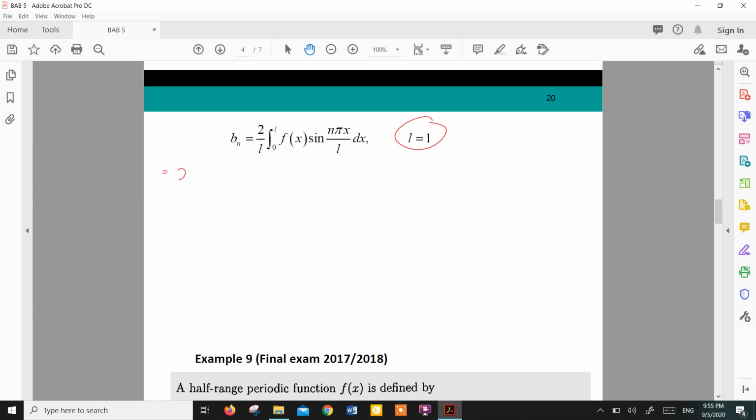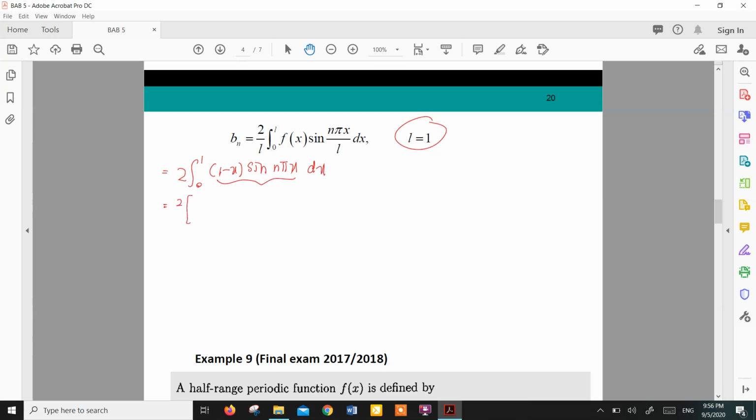Bn is equal to 2 over 1, which is 2, integral from 0 to 1, f(x) is 1 minus x, sine n pi x over L, L is 1, dx. Okay, so solve this by using the tabular method.